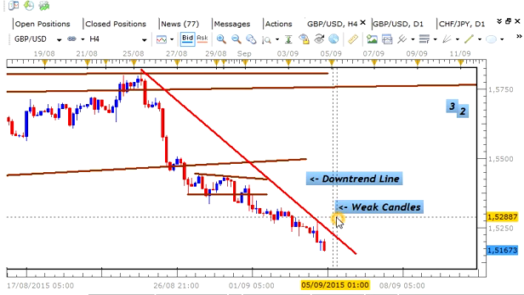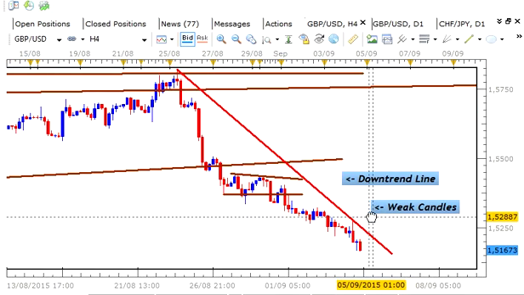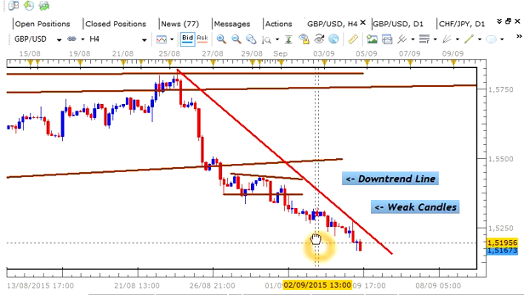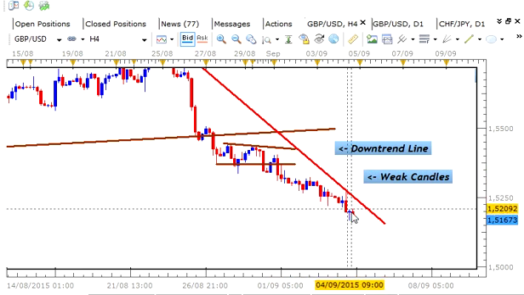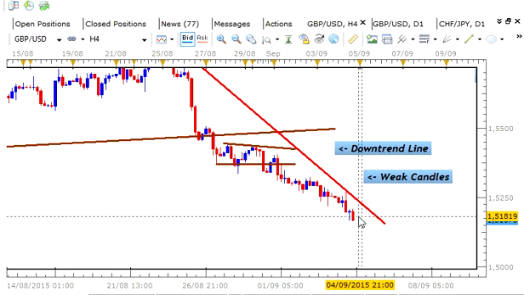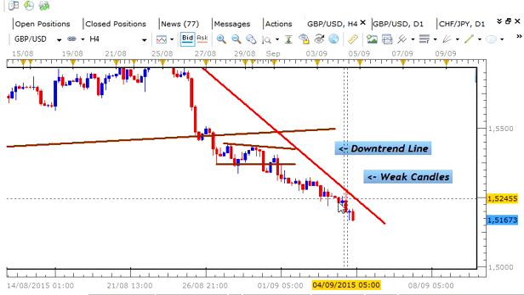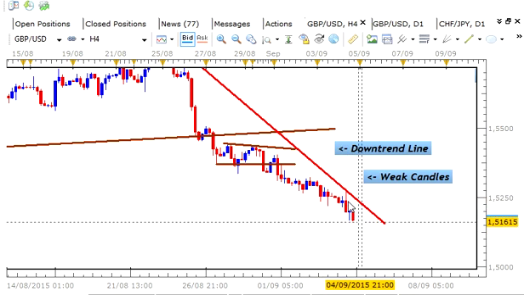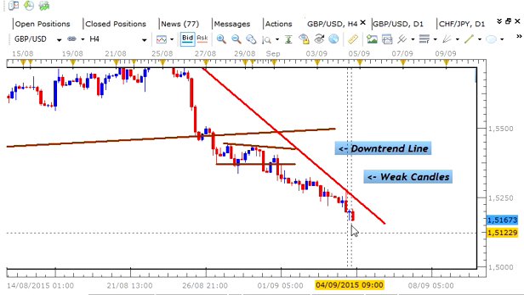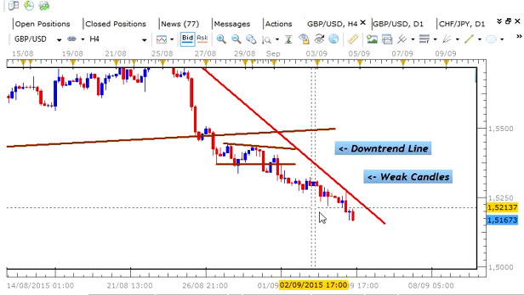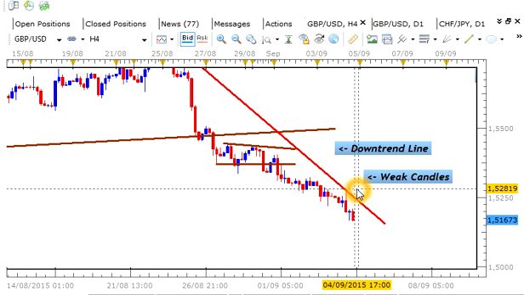But one of the problems with trend lines, especially in this scenario, is the fact that it's taking place with these weak candles. Now, weak candles, generally speaking, based on price action theory and candlestick patterns, often lead to sharp reversals that basically come out of nowhere.